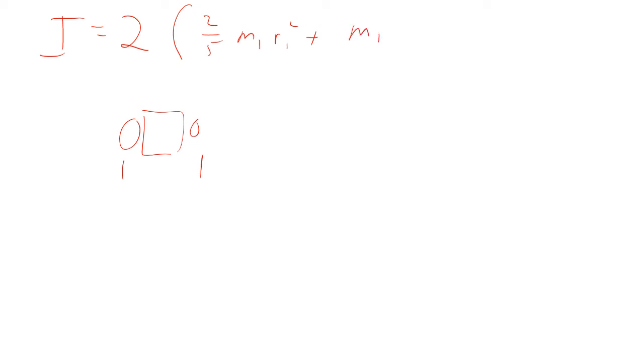So that means the I of the spheres, there's 2 of them, so that'll be 2 times (2/5 m1 r1 squared plus m1 times (r1 plus a over 2) squared). So the total I, remember we got the object here, total I is just adding up all of that.